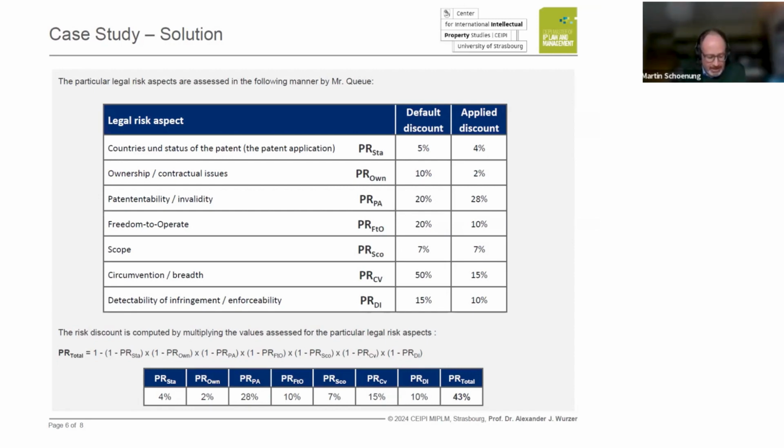In this case, the default value has been increased to 10%, because the risk can be seen as lower. On the one hand, Schneider is a technology leader in a very specific market, so the risk that a third party has critical IP can be regarded as lower.